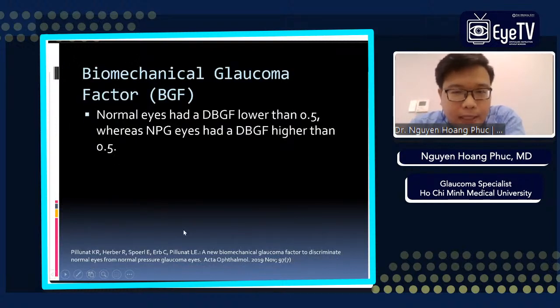So the normal eye has a BGF lower than 0.5, whereas normal tension glaucoma has a BGF higher than 0.5.